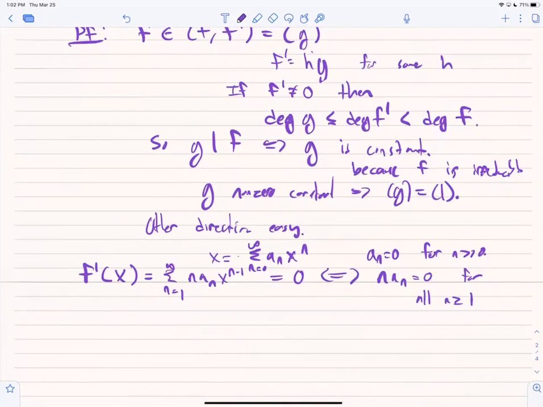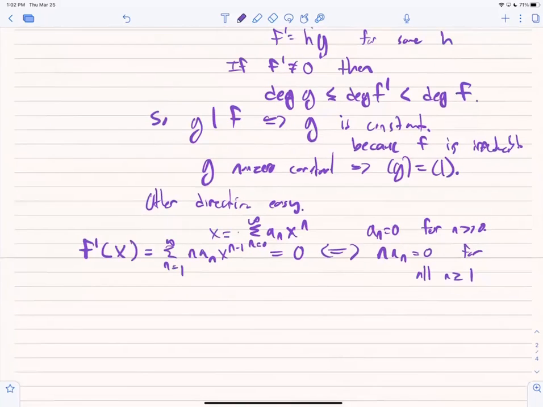Okay, and how can n times a_n be equal to 0? Well, either a_n is 0 or n is 0, because this is taking place in the field K, so it's an integral domain. For this product to be 0, one of these things has to be 0.